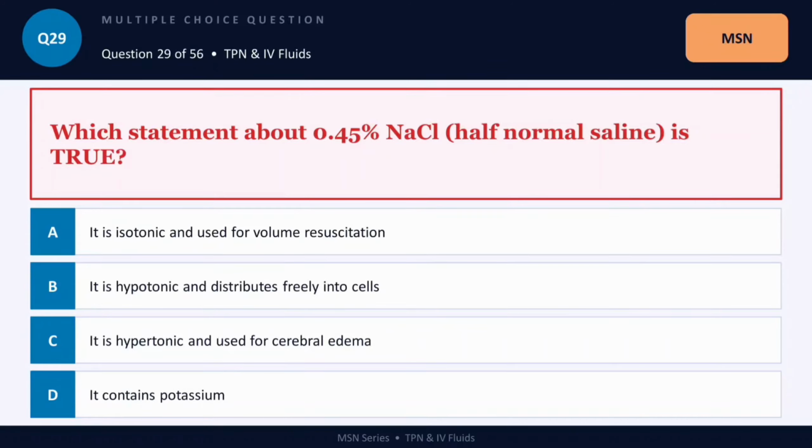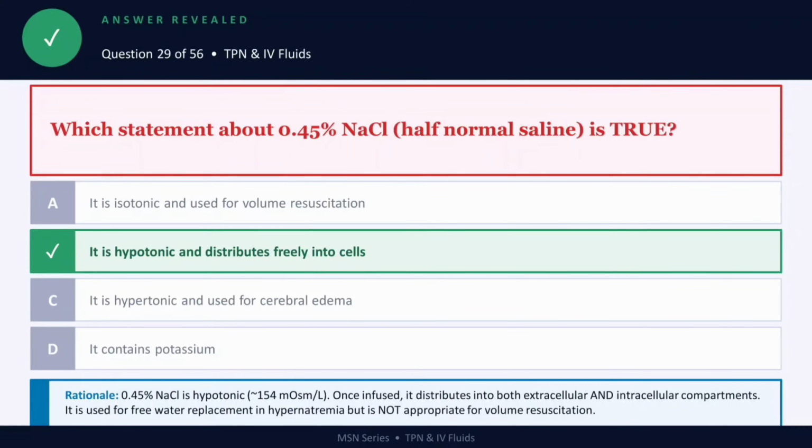The correct answer is option B, it is hypotonic and distributes freely into cells. Rationale: half normal saline is hypotonic. Once infused, it distributes into both extracellular and intracellular compartments. It is used for free water replacement in hypernatremia, but is not appropriate for volume resuscitation.